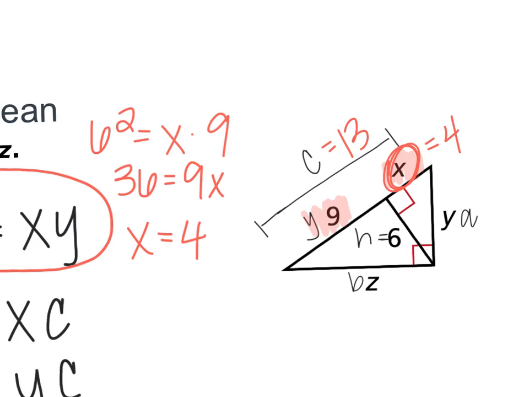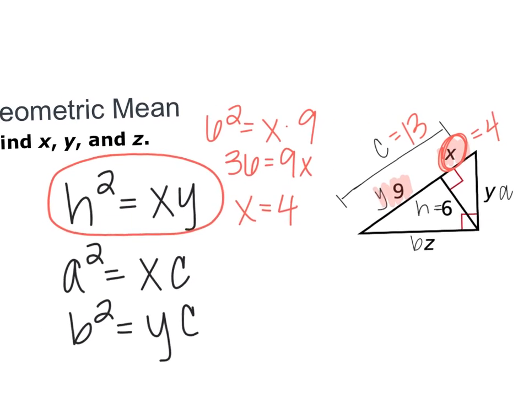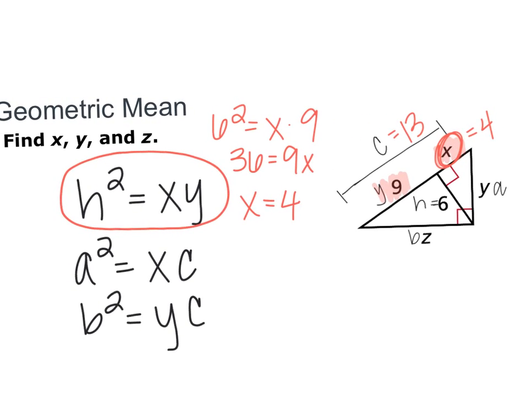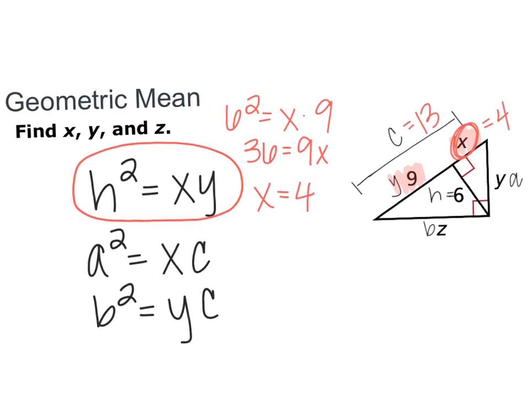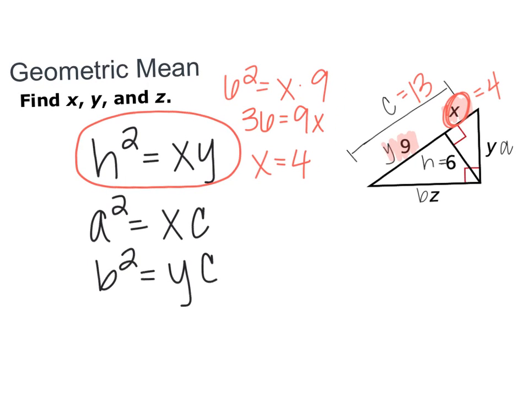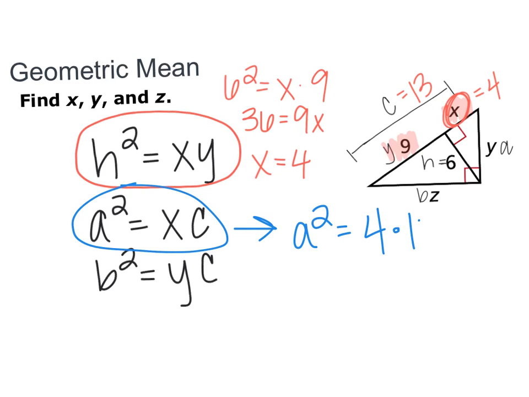I need more coffee. Now I can go ahead and solve for a squared and b squared. To solve for a squared, x, which I just solved for, times 13. 4 times 13 is 52.